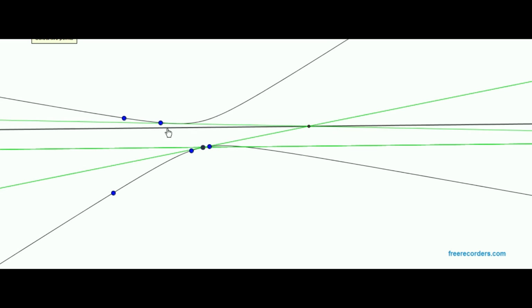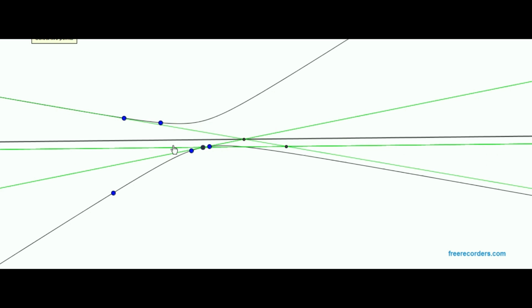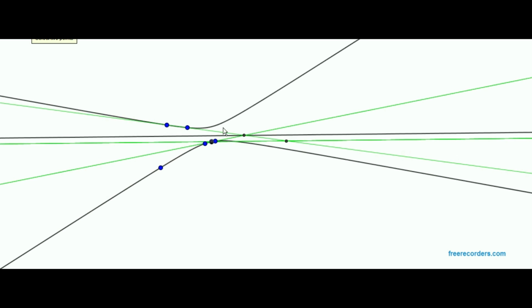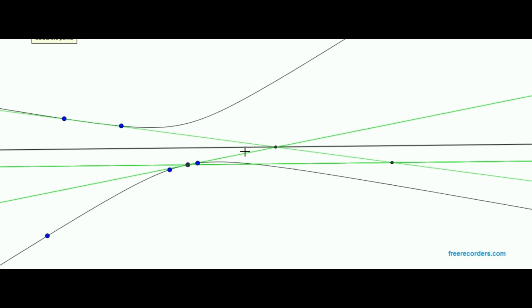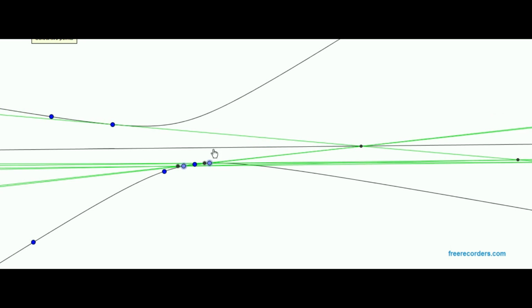Okay, that looks like a good one to look at. Right then, so again we do the construction quite similarly. Maybe I can just begin it again.